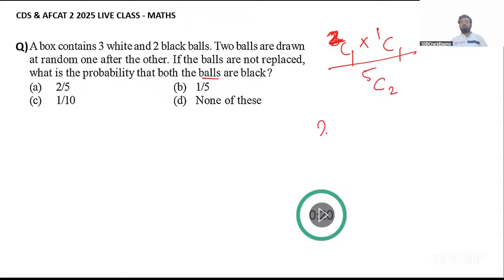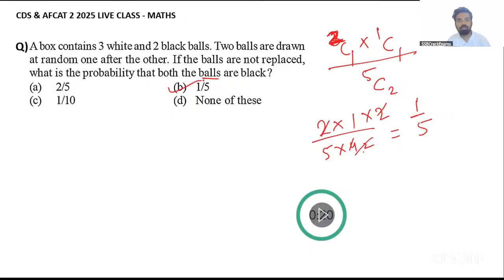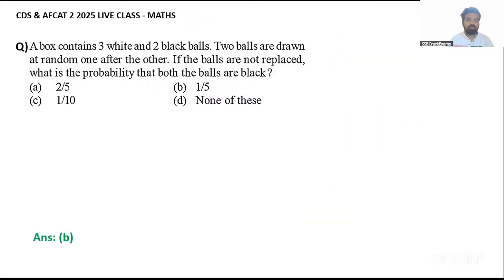So it will be 2 into 1 upon 5 into 4, which is 1 upon 10... it is 1 upon 5. Option number B will be correct here. Okay. So now let's move on to another question.